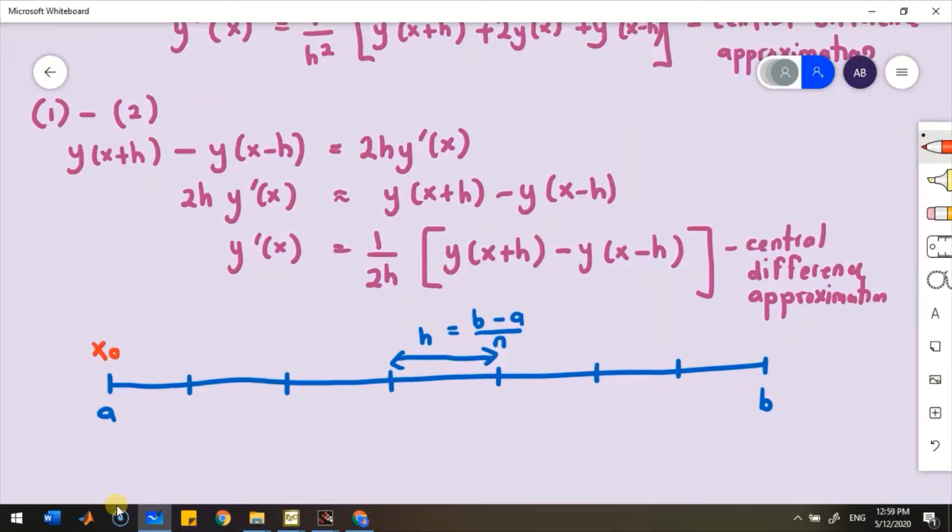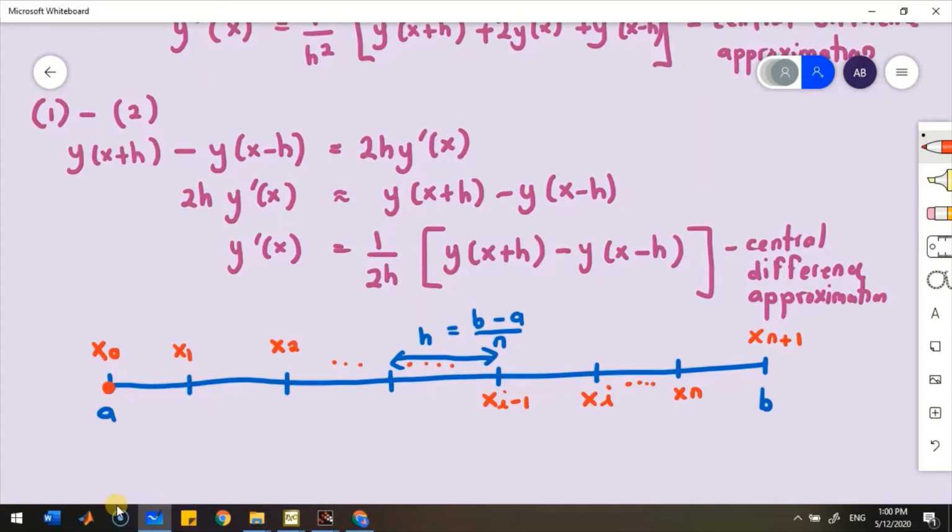The point at B is my xn plus 1. So we can have x1, x2, whatever, after that we can have xi minus 1, xi, and then we can also have xn and xn plus 1.